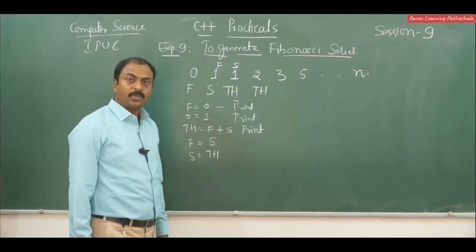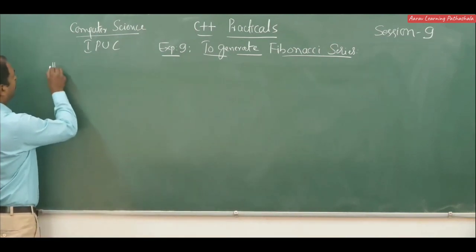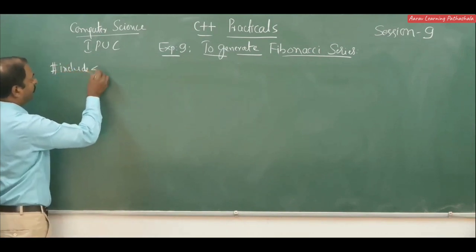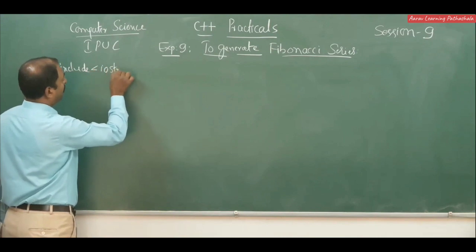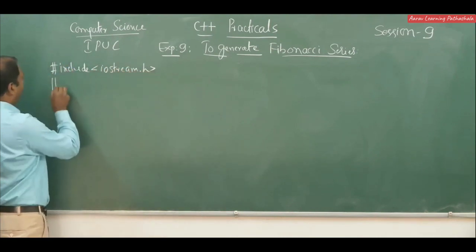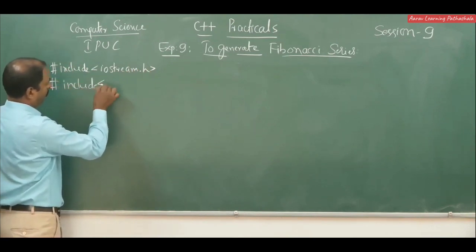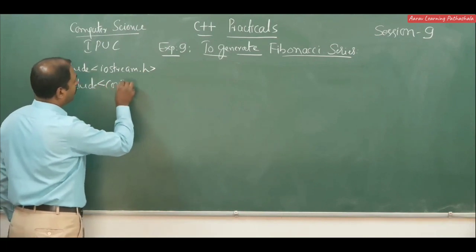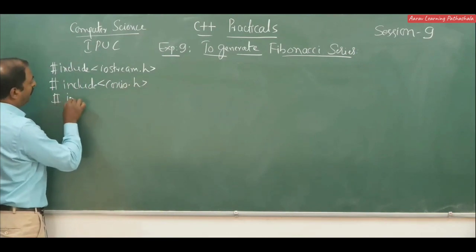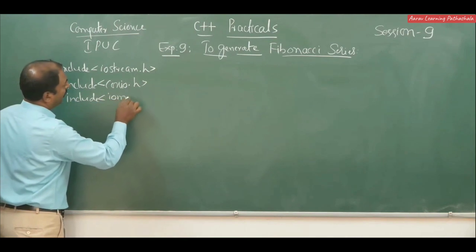Now we have to write a program to generate Fibonacci series. The program starts with header files: hash include iostream.h, hash include conio.h, and we can include one more header file, hash include iomanip.h.